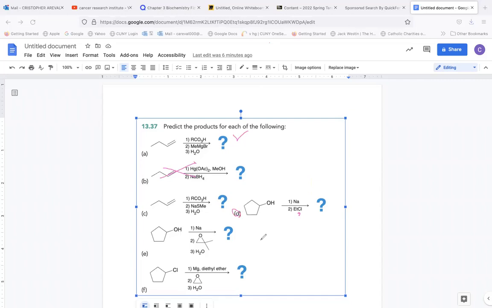Wait, is there a positive charge on the OH? For which one, BB? What are we talking about? A or D? For the product of the previous reaction that you just did. Is there positive charge? No, remember, a Grignard, right? It's a strong nucleophile.